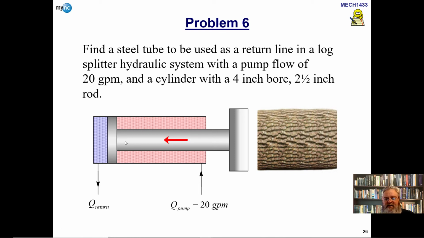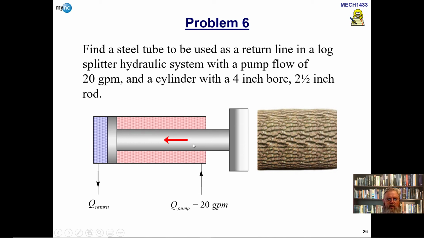If the extend area is a lot bigger than the retract area, then this intensification effect is dramatic. It's big. It's significant. For instance, if you had a 4-inch bore and the piston rod was like 3.5 inches, that retract area would be just a thin sliver of a ring. 20 GPM to go in, and lots more would come out. This area ratio, it is what it is.